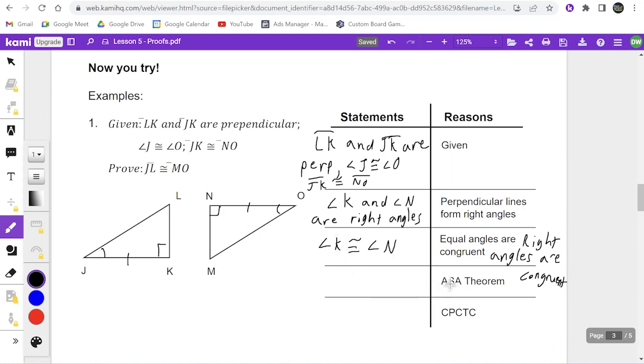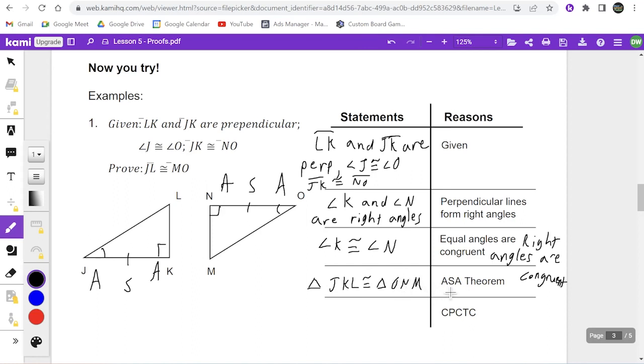Now for the next one, ASA theorem, that's the reason. And if I look at my triangles, it does look like I have an angle, a side, and an angle in that order on both. So what's the statement? Well, the statement is the triangles are congruent. In other words, triangle JKL is congruent to triangle ONM.